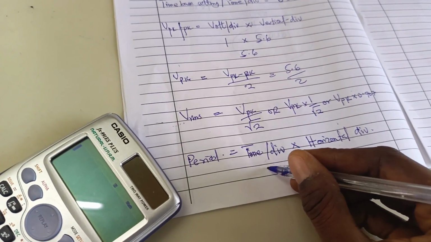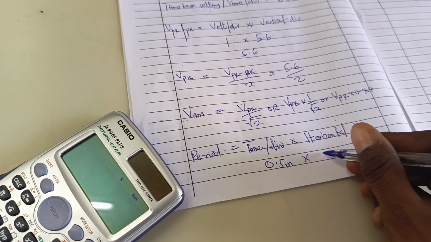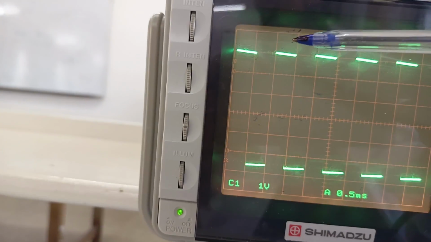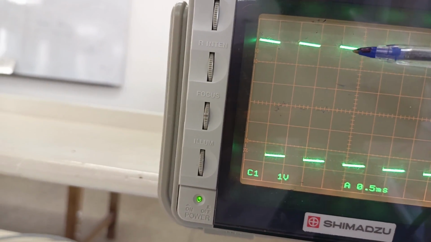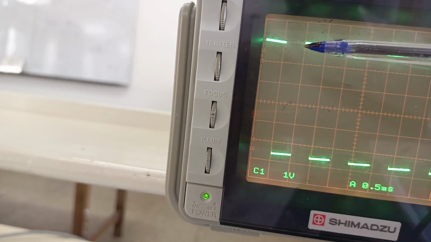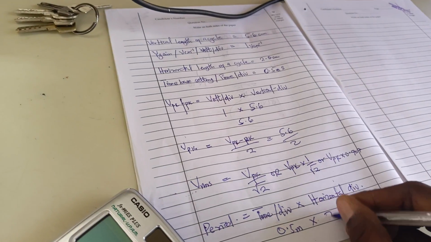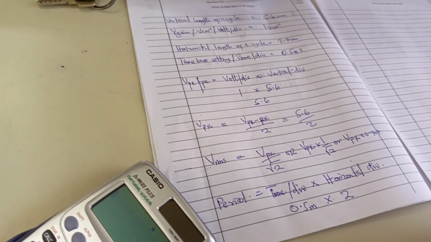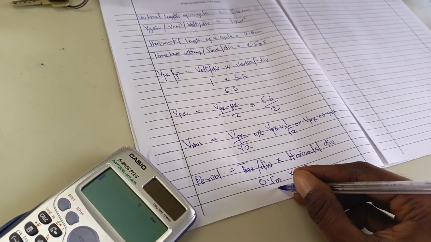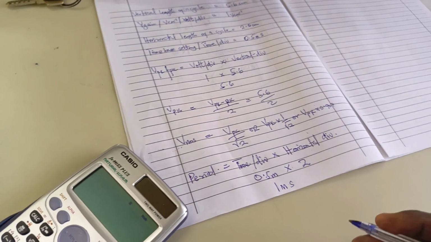So this will give us 0.5 milli times the horizontal division. For 1 cycle, we had 2 centimeters, so that will be 2. This gives us 1 millisecond.